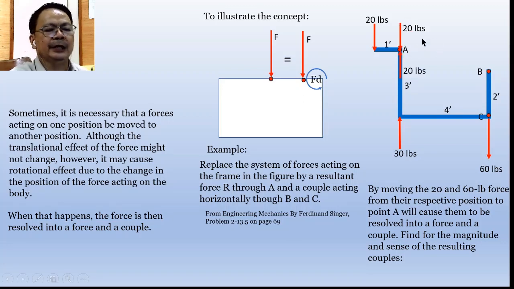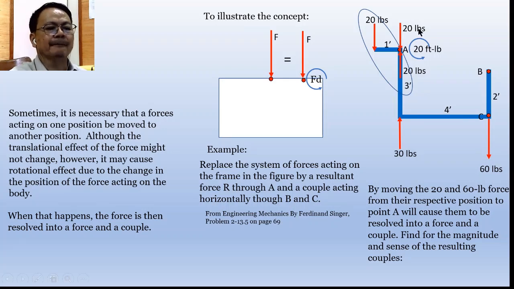And when we add an equilibrium, nothing is actually changed to the effect of the original system, because what we have just added is a force system whose resultant is 0. However, in doing so, you will notice that this pair of forces now constitutes a couple having a magnitude of 20 multiplied by 1 and directed in the counterclockwise direction. Therefore, it produces a couple having a magnitude of 20 foot-pounds in the counterclockwise direction.